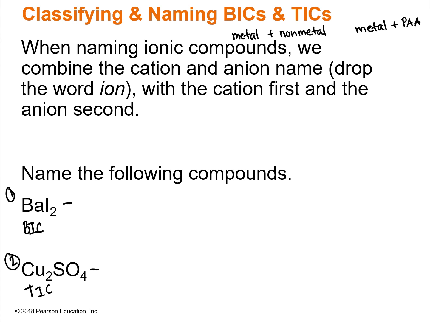That's where this comes into play. For the first one, we've got two ions. We've got the barium, that's our cation, and we've got the iodine, which is our anion.